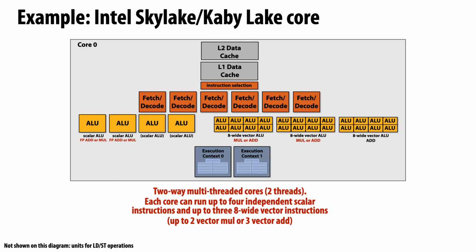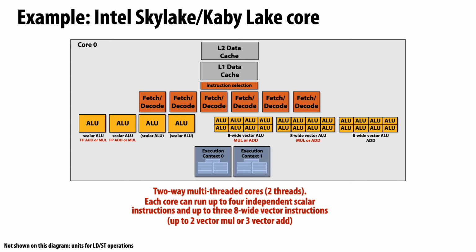And so if the processor can find some mixture of instructions from these two threads, this is a dual-threaded core, to fill up these execution units, it will definitely do so. So this idea is what Intel calls hyperthreading in their public-facing material. Okay, so again, this was heterogeneous superscalar that combines scalar operations and 8-wide vector operations.